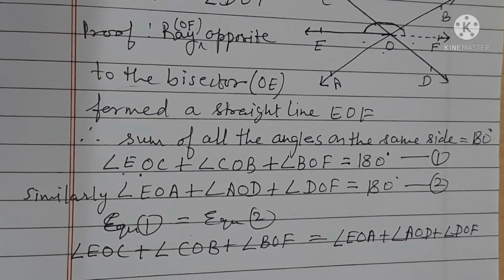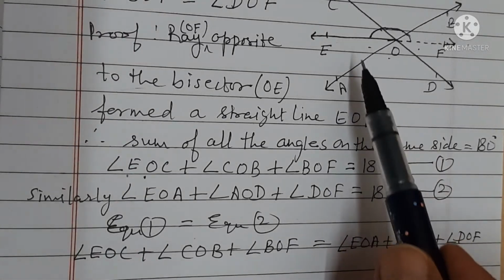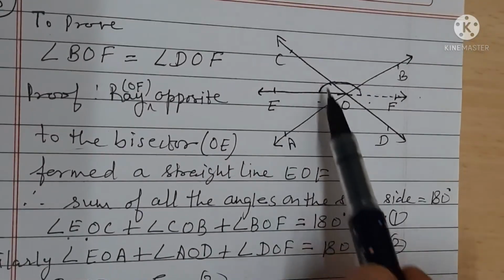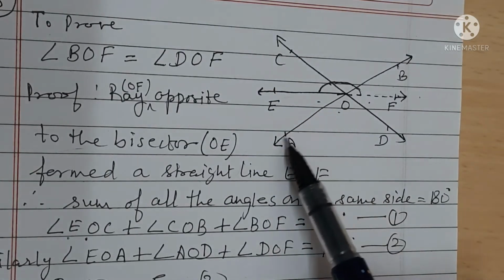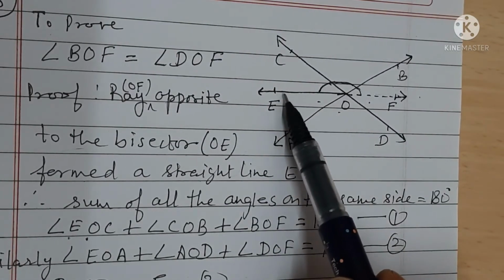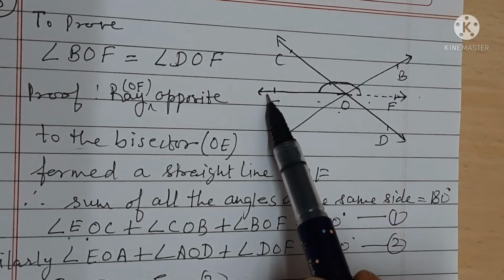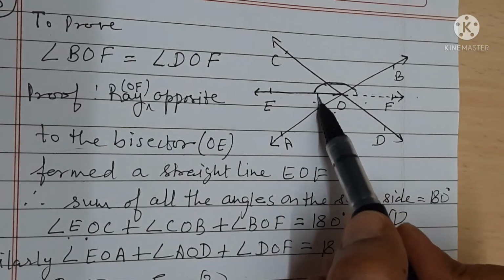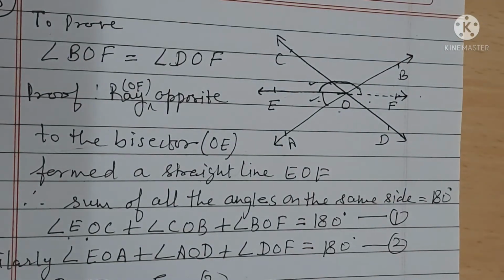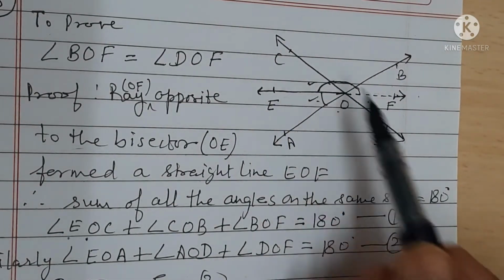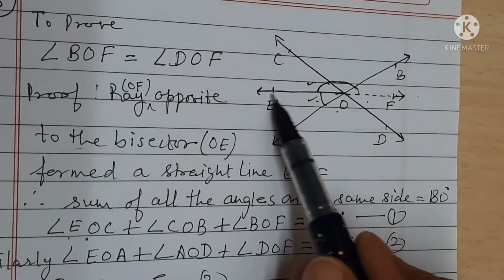Now see, angle EOC is equal to angle AOE because OE is a bisector, so these two angles are equal. It means angle EOC is equal to angle EOA.